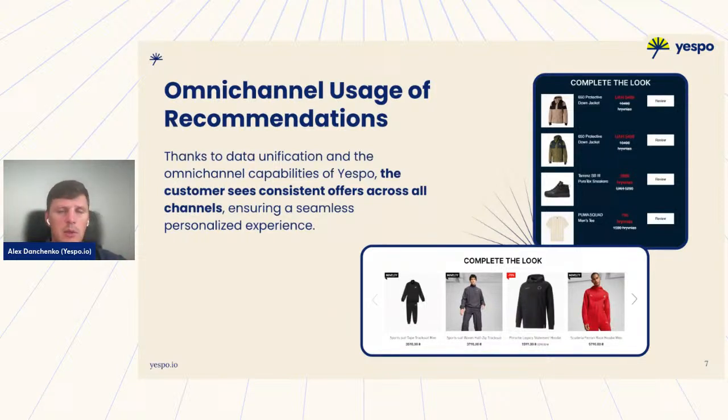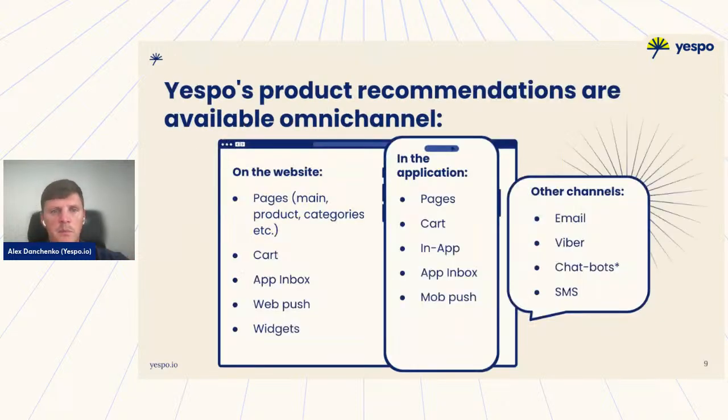As an omnichannel customer data platform, we emphasize that everything we do, including recommendations, should be easily implemented in an omnichannel way, meaning the recommendations we've generated once for a particular customer can be used multiple times in multiple touch points: on your website, in your mobile app, in email, in push notifications, anywhere. And they should be consistent and based on the same data that we know about the customer.